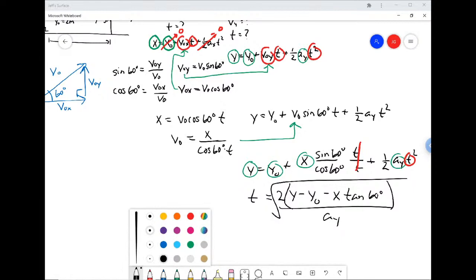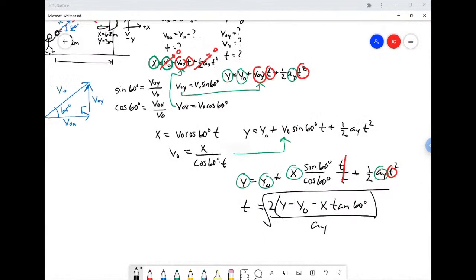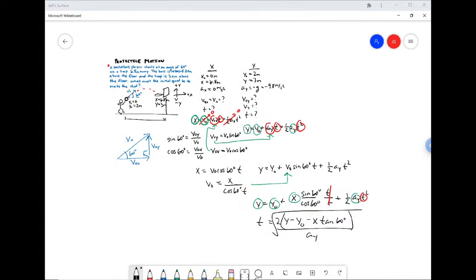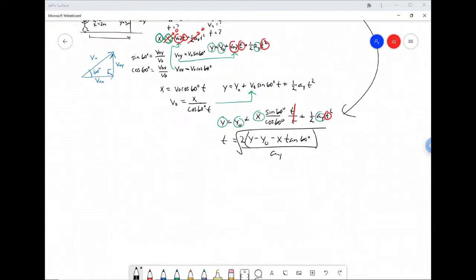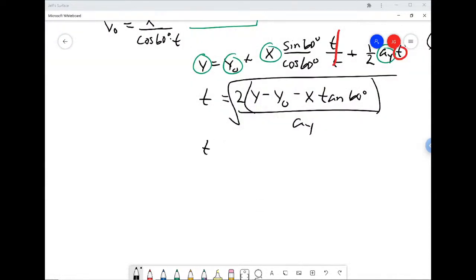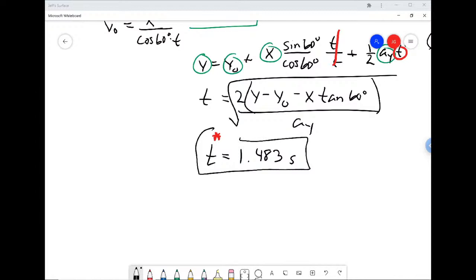And when I plug in what's known from up here, down here, I get t equals 1.48, one more decimal place, 3 seconds. So this is how long the basketball is in the air.